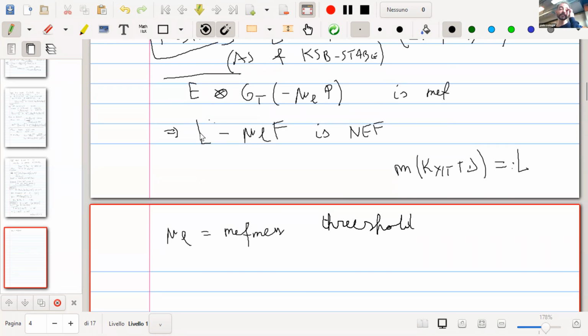Concretely, Fujino tells you that L is NEF, but it's not only NEF: you can take away from it mu L times the fiber, and it still remains NEF.